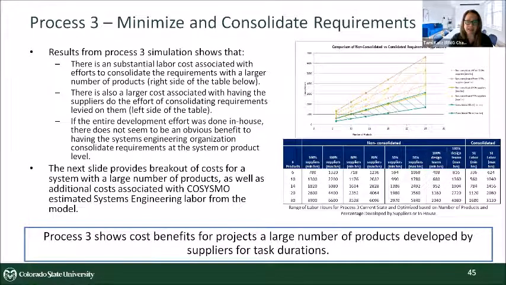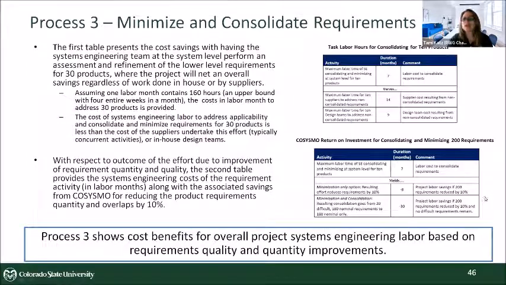But what's interesting is if you take the time to minimize and consolidate requirements, you actually may not see the benefit in your task time, but you'll likely see the benefit in terms of your total labor hours if your suppliers had to do it. And you'll see the benefit from SysML.